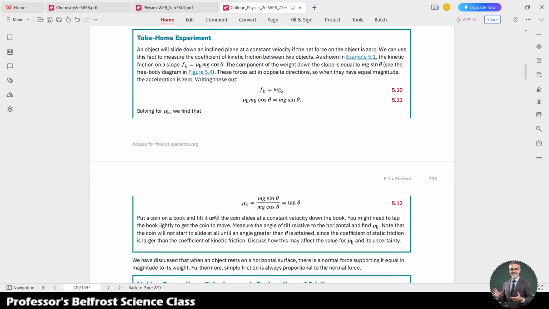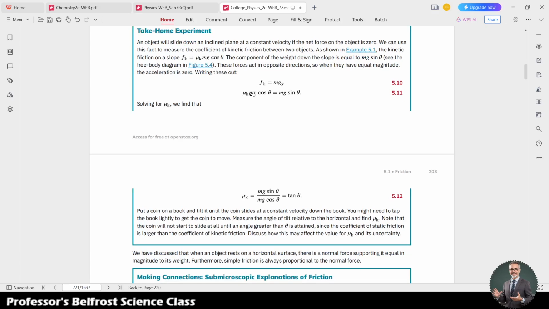And you can also find mu_k with this formula. Fk is mg in the x direction, because Fk is mu_k mg cos theta and mg_x is mg sin theta. So mu_k is tan theta.